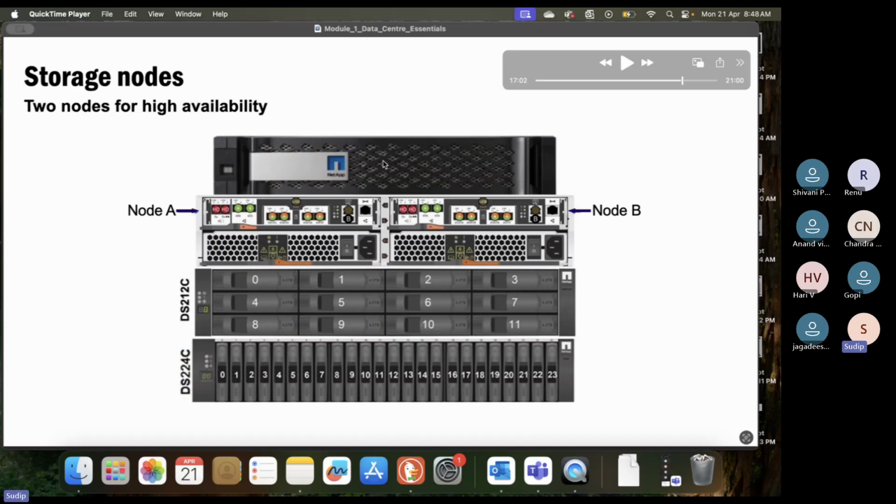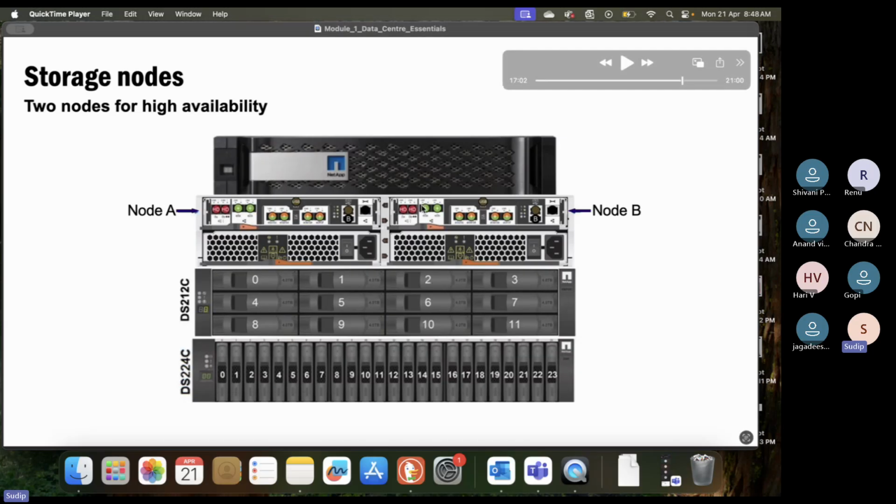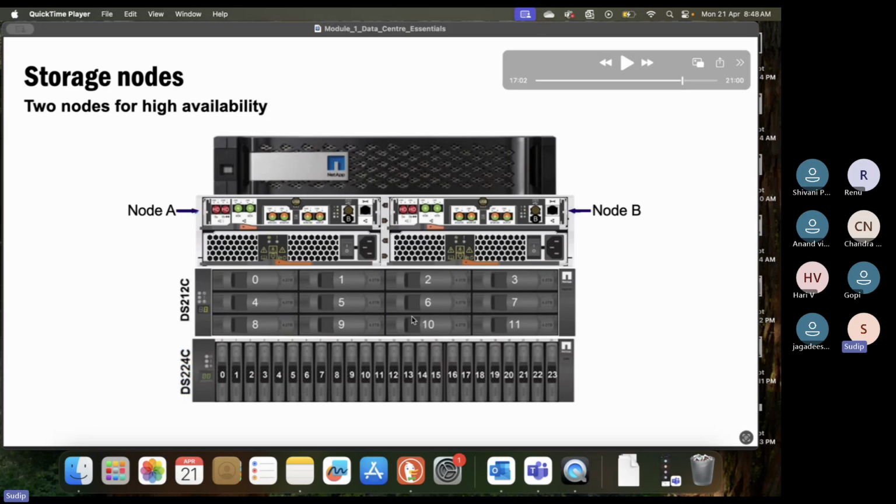The bezel of the controller will be different from the bezel of the disk shelves also. They are two different kinds of chassis, and hence the bezels are different. One more reason is the airflow intake required by disk shelves, which you see at the bottom, where the disk drives are numbered.